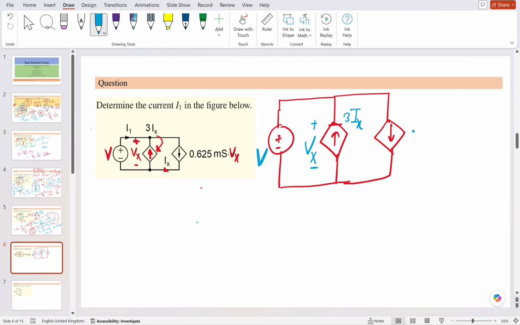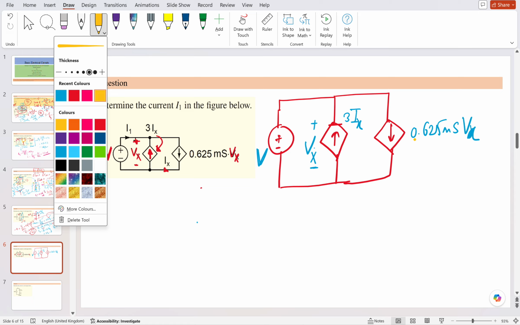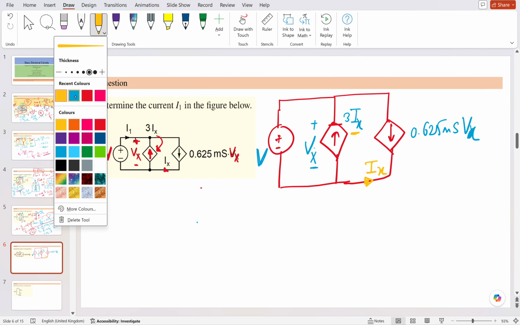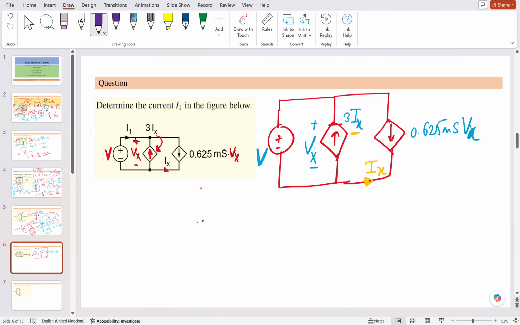One more dependent current source is there, with value 0.625 millisiemens Vx. It depends on Vx, so Vx is given here, and it also depends on the current Ix. After seeing the topology, it seems very complicated, as the number of variables is large.